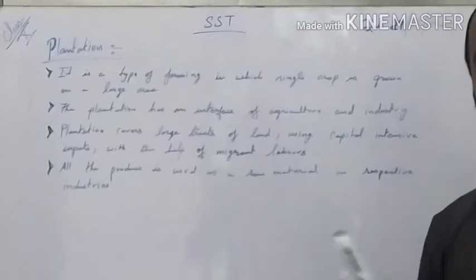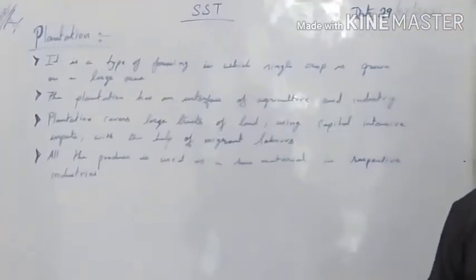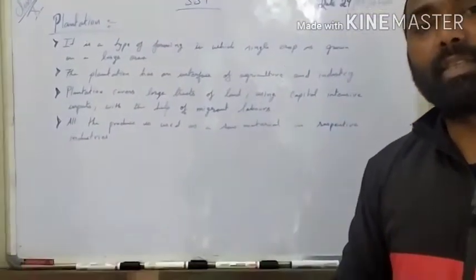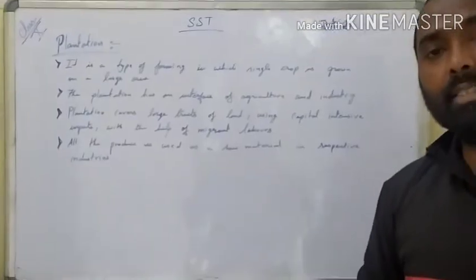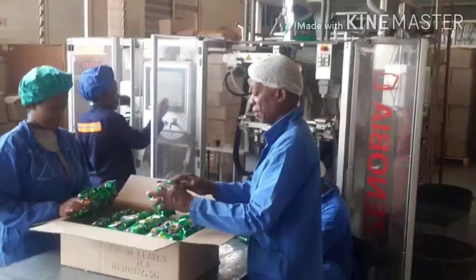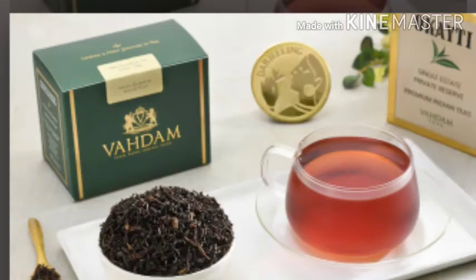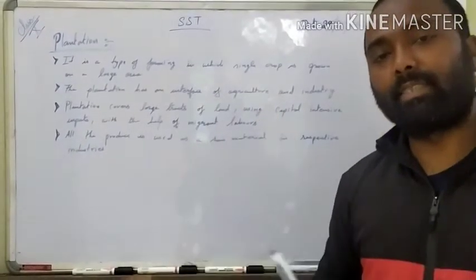For example, tea is grown in a large tract of land and used by tea producing companies, meaning the industries or factories. The tea leaves are sent to the factory, they process and package it, and then sell it in the market. So there is a relation between agriculture, that is the plantation, and the industry.